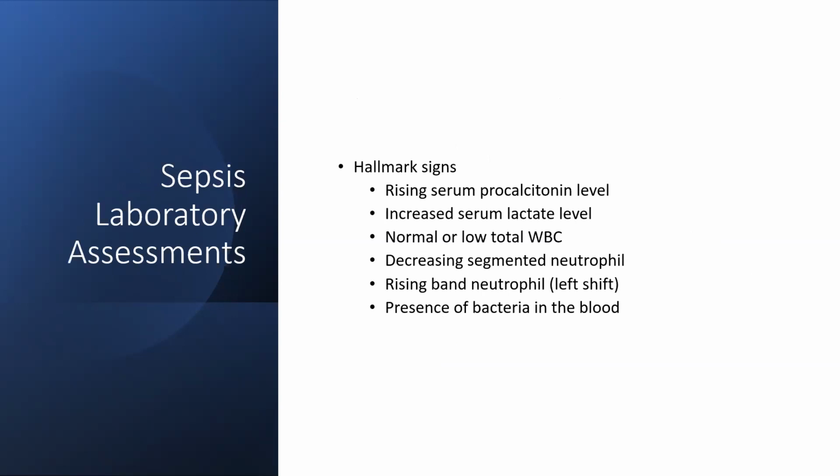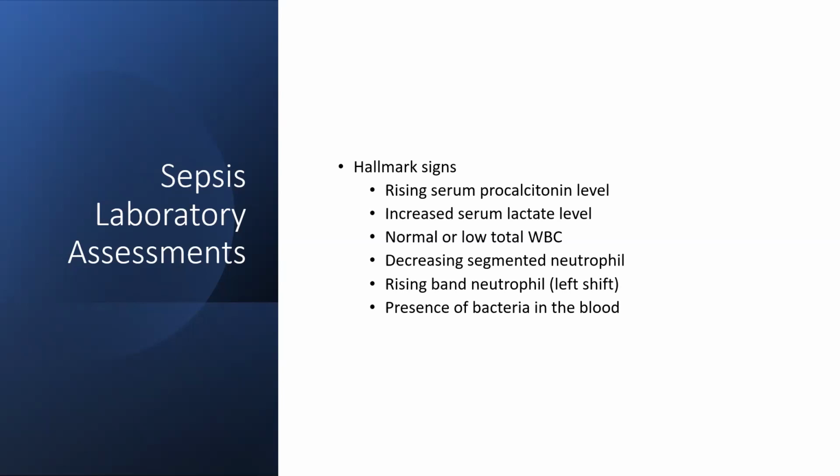So, some of the hallmark signs of diagnosing sepsis, you have that rising serum procalcitonin level. So procalcitonin is really a prohormone, right? Produced in the thyroid gland. And it's not secreted out into the body typically, but during inflammatory response, cytokines are released, tumor necrosis factor alpha is released, procalcitonin is secreted into and activated into the bloodstream, adheres to those monocytes.